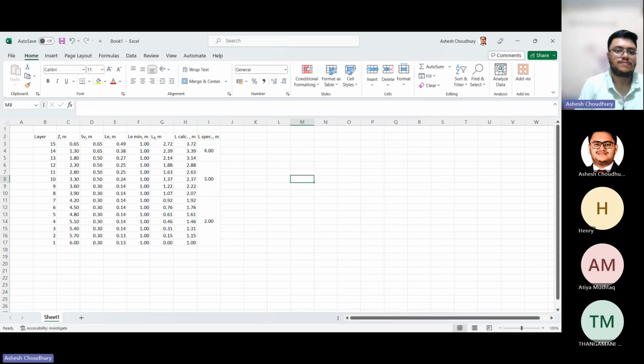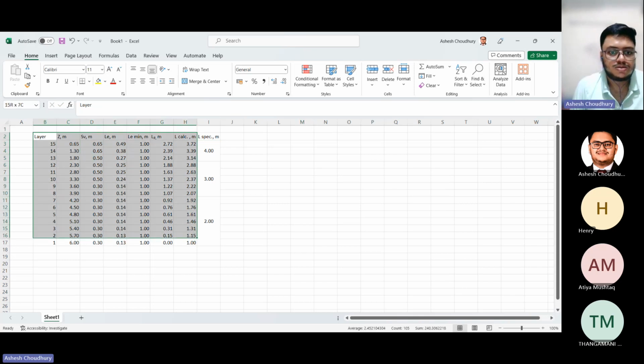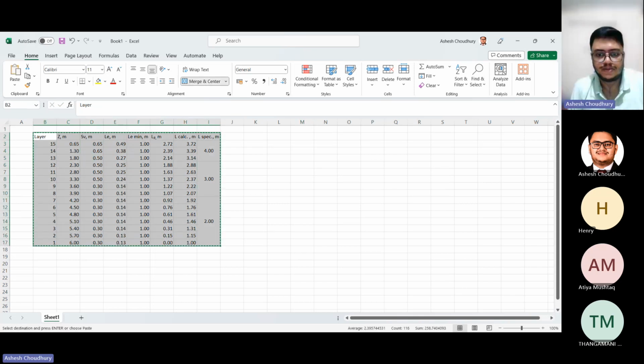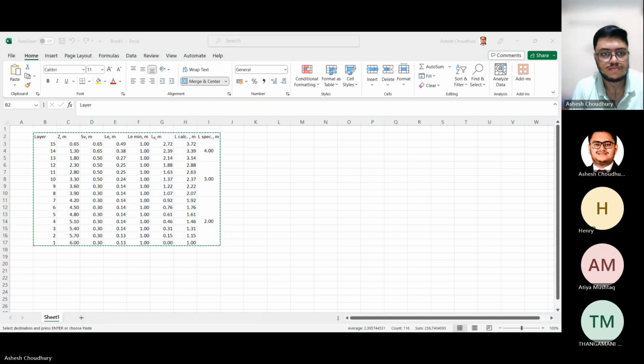The values are in meters. So what I will do, I will just paste it here.